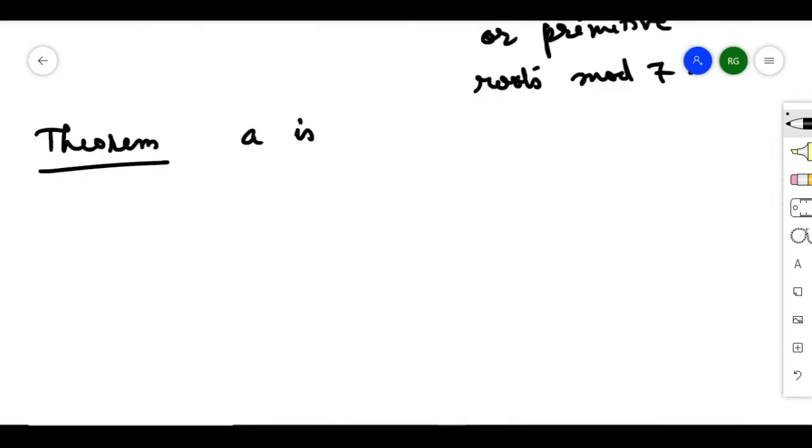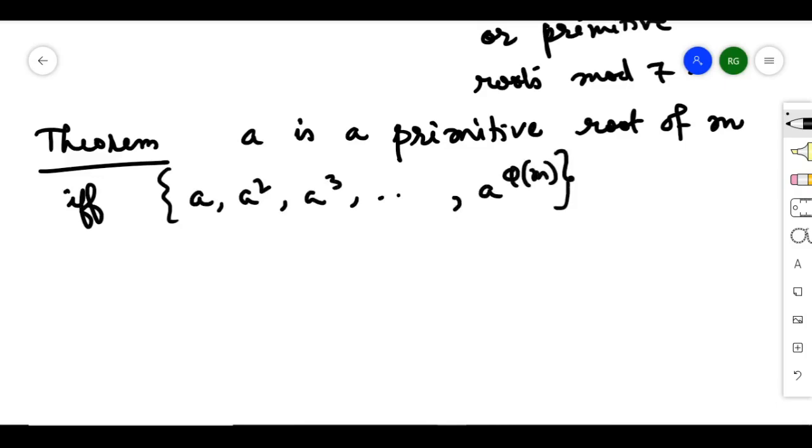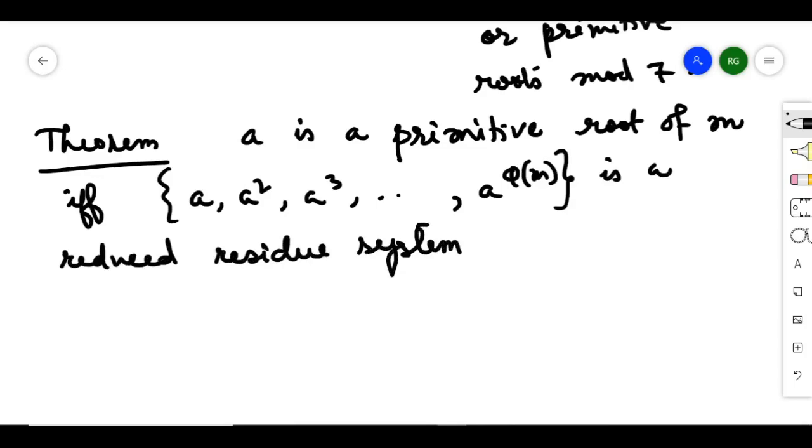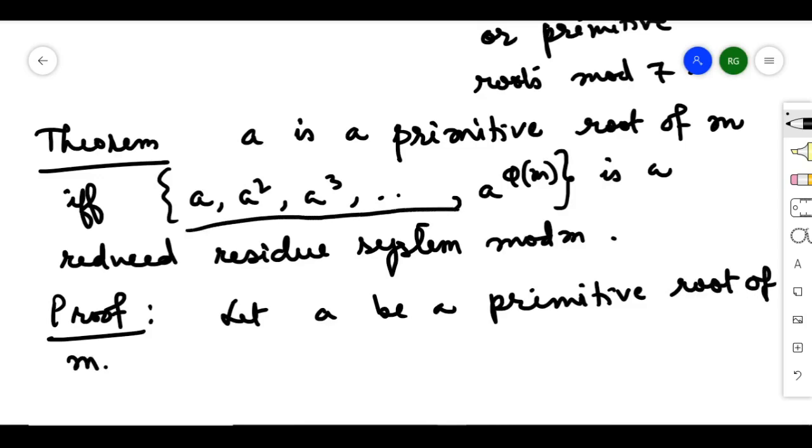A is a primitive root of M if and only if the set A square, A cube, up to A to the power phi M is a reduced residue system mod M. So first we consider that A is a primitive root of M. Then we are to show that this set is a reduced residue system mod M.